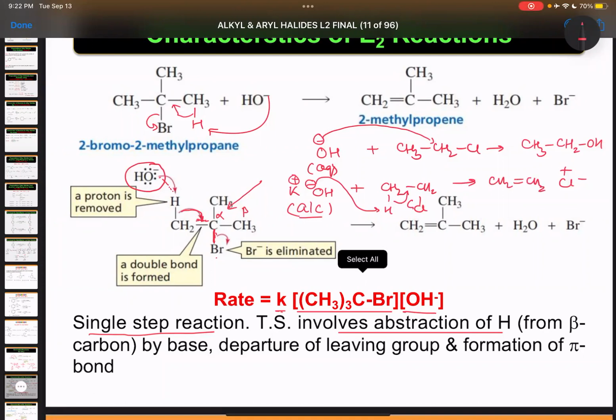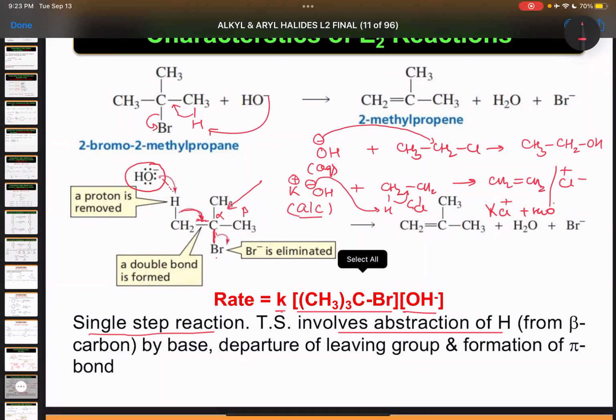Now I am calling it a base. Why? Sir, because it takes away the hydrogen, the H plus, and does not stick to the carbon.